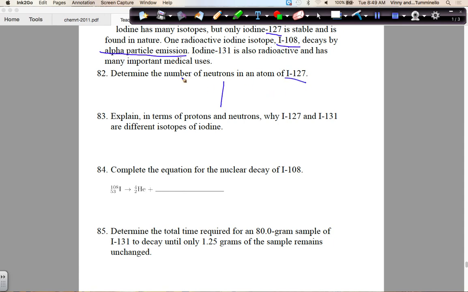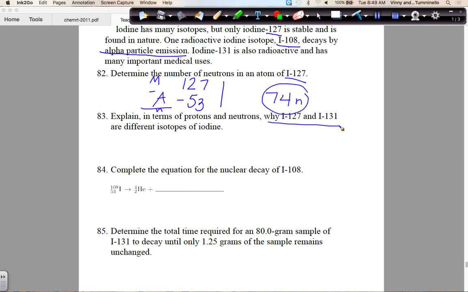Remember when they write this like this? The 127 is our mass number. So we need to look up on the periodic table what the atomic number is. Remember, we do mass number minus atomic number to get neutrons. 127 minus 53 is 74.